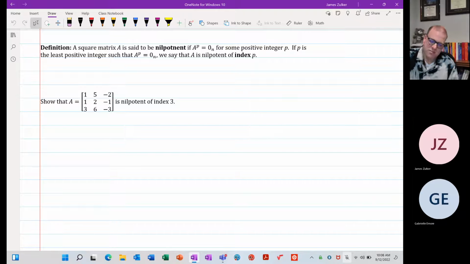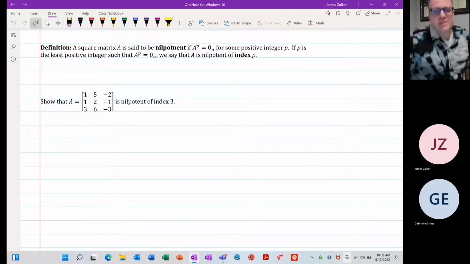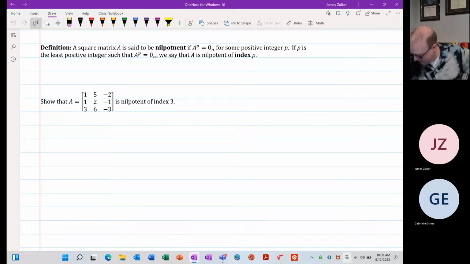In other words, we want to show that A squared is not the 0 matrix and A cubed is.